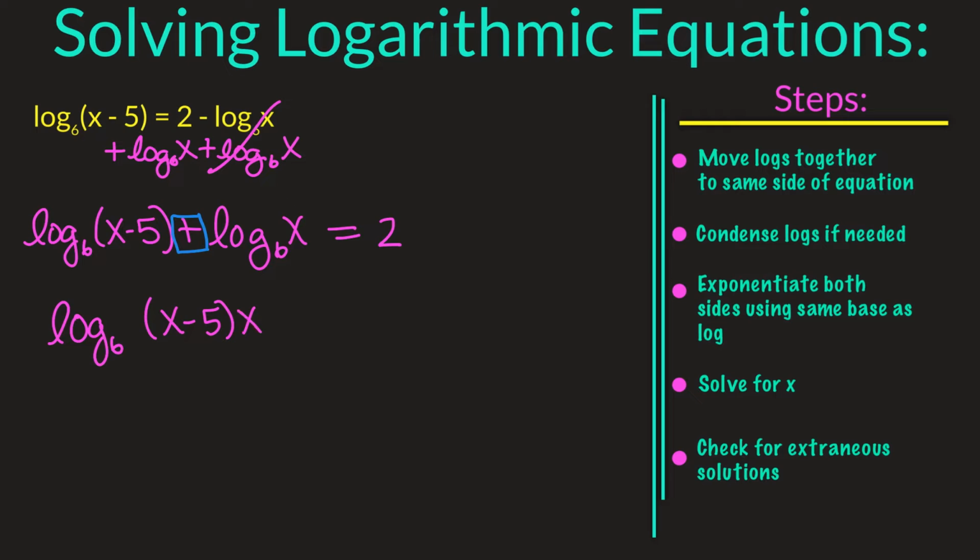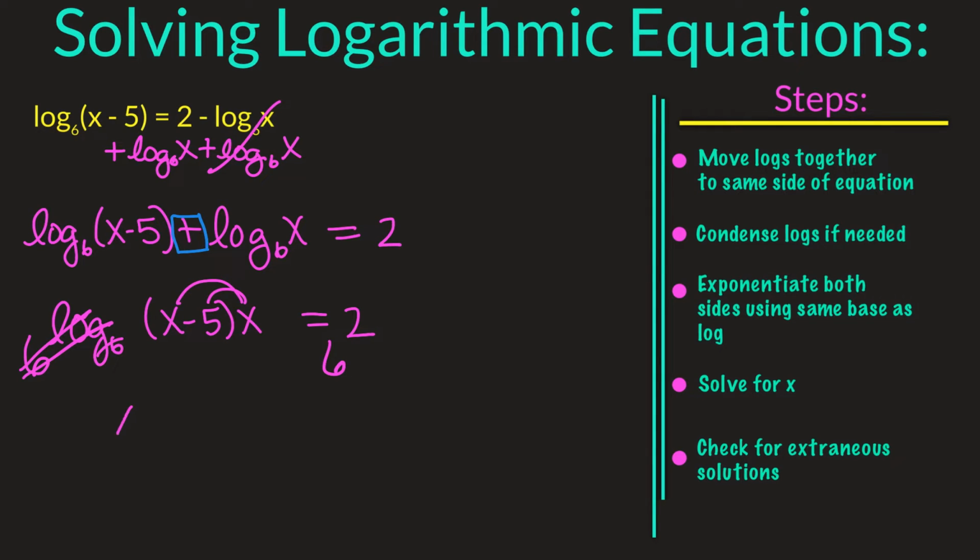times x equals 2. So now, since we have that single log, we can go ahead and exponentiate both sides. My base is 6, so I'm going to do 6 to the log equals 6 squared. 6 to the log, that cancels. Now I'm going to go ahead and distribute that.